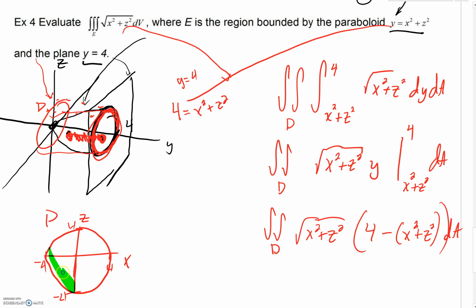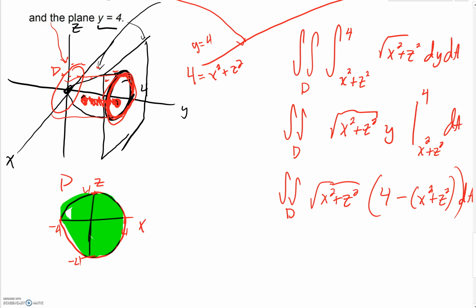And guys, as we see circles, I hope you are thinking about polar coordinates. Do you have to use them? No, but oh my goodness, do they make life easier. Look, we'd have x squared plus z squared equals r squared in general for a polar type of coordinate.